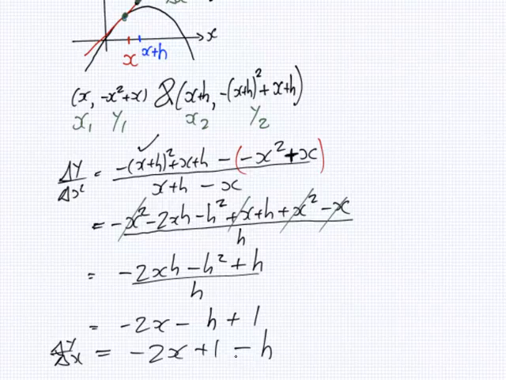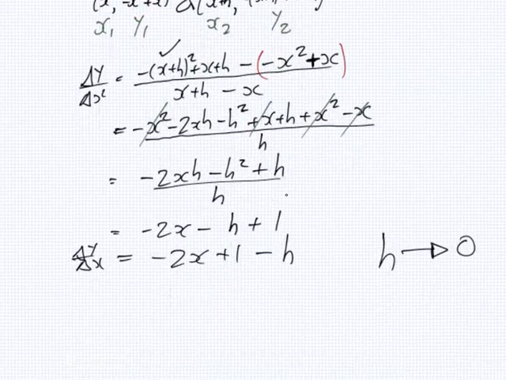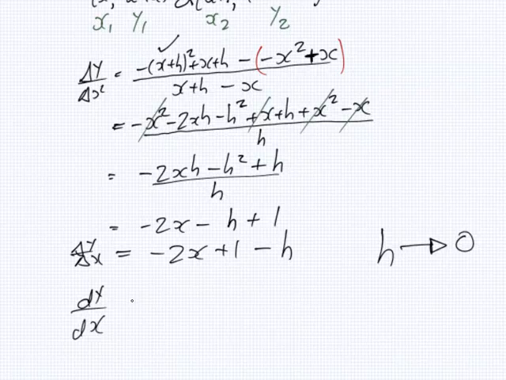Make h smaller and smaller. In fact, make h go all the way down to 0. What's happening, you're moving the points closer and closer together, so it starts to become a tangent instead of a secant. So if you want to calculate the derivative, it will be equal to minus 2x plus 1.